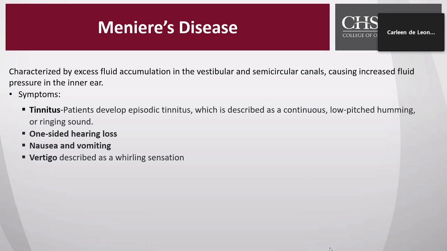Here are some of the symptoms someone with Meniere's disease will feel. They'll have tinnitus, or ringing in their ears. Most people who have Meniere's disease will have one-sided hearing loss. They report nausea and vomiting, and they'll describe their vertigo as a whirling sensation.